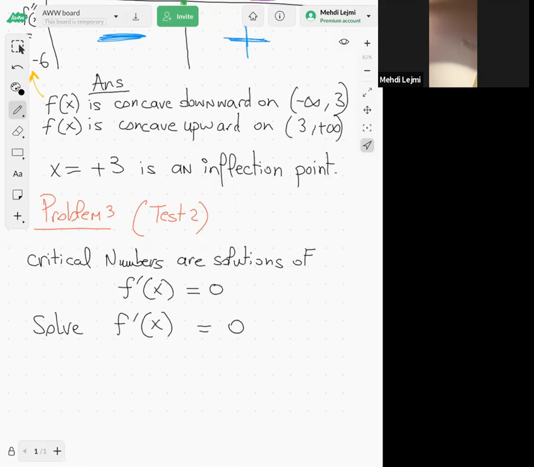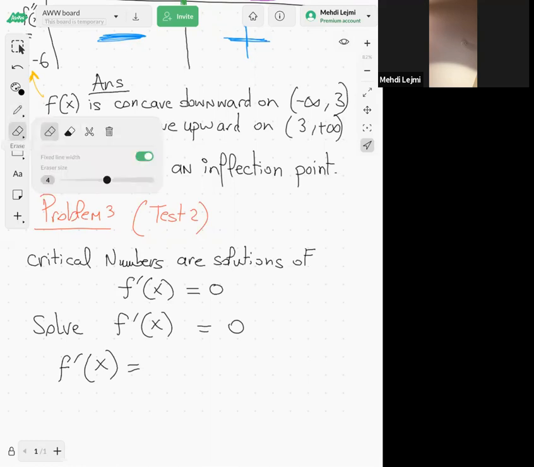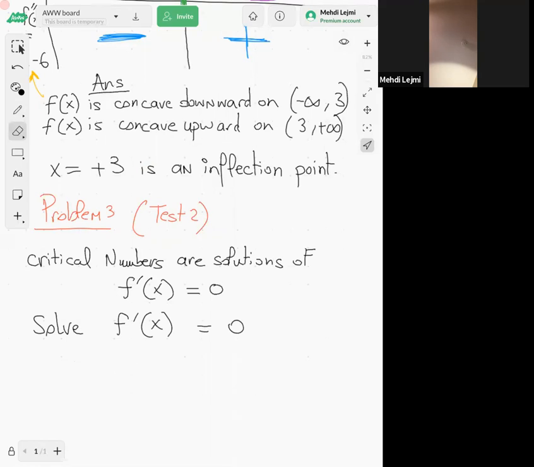So let's compute this f prime of x. I'm going to write down the f of x. So f of x is x cubed over 3.